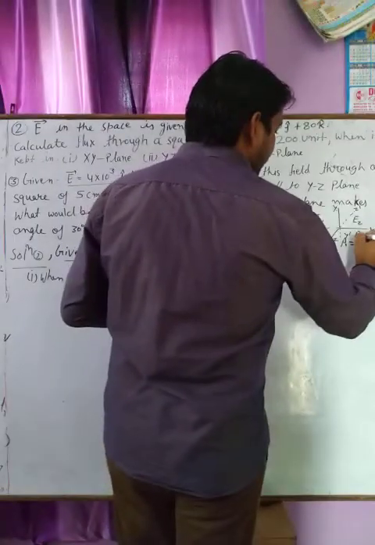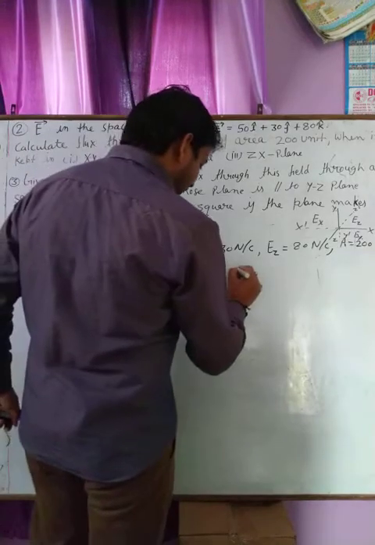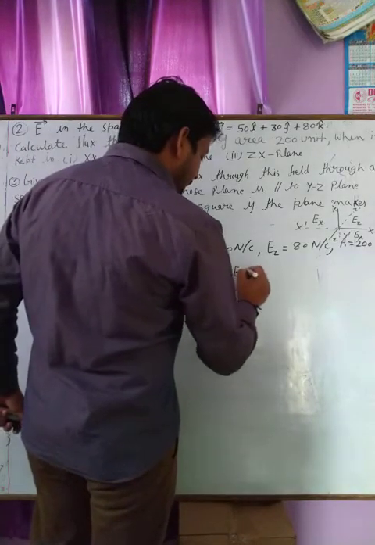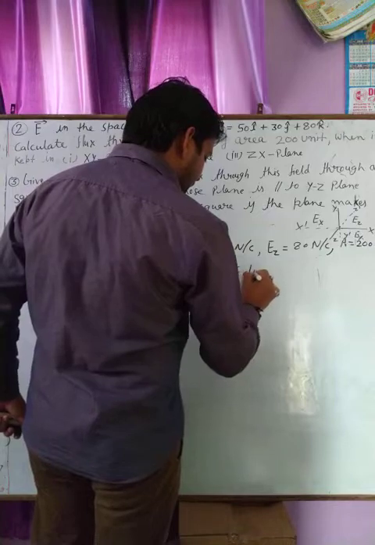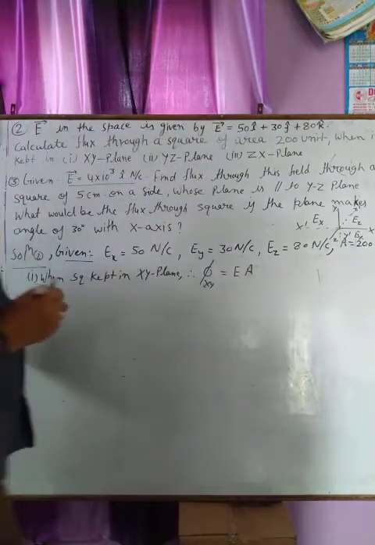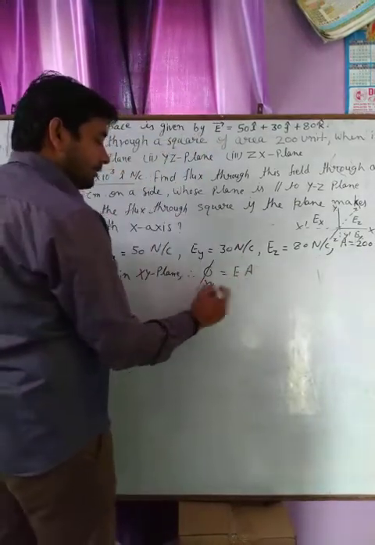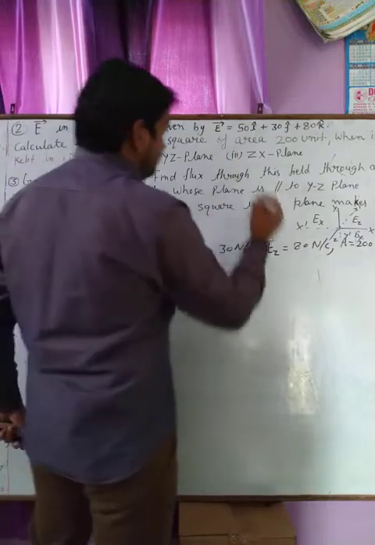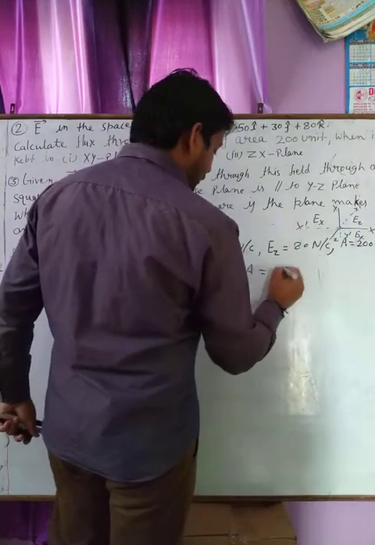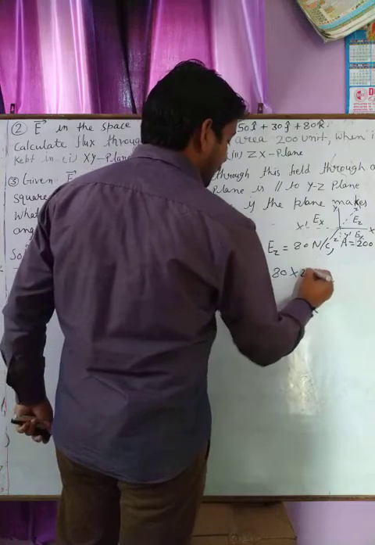Okay, so now we go on to solve this electric flux. It is given by E A. Okay, now here we have the value of E in the XY plane, Ez. So we calculate it: 80 into, and A we have 200.